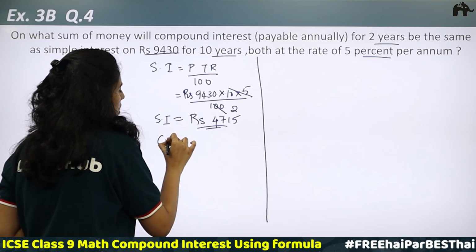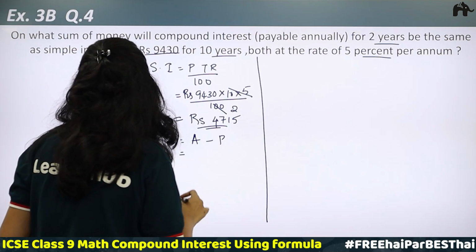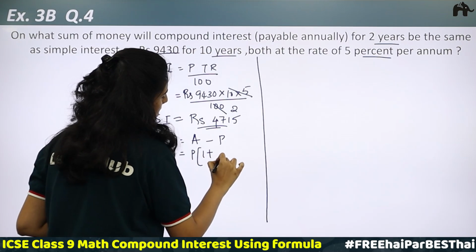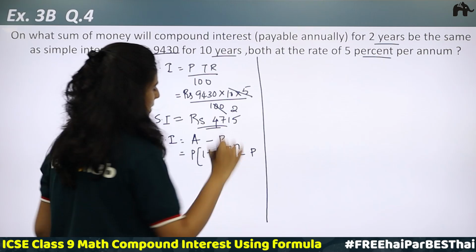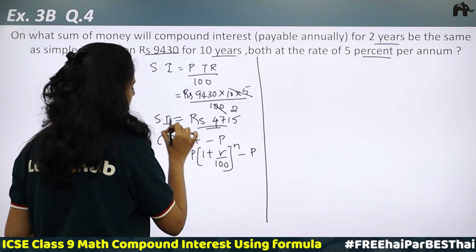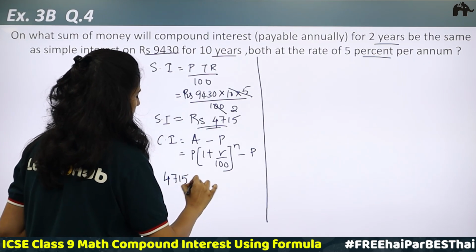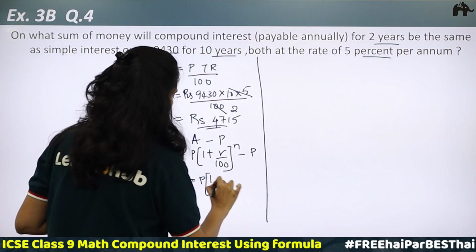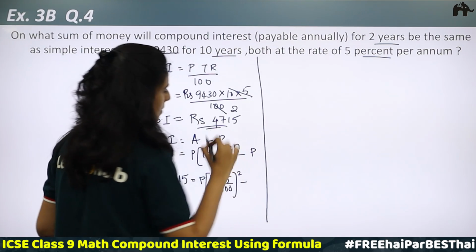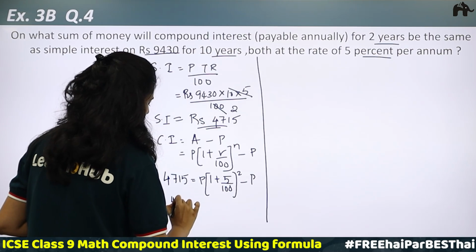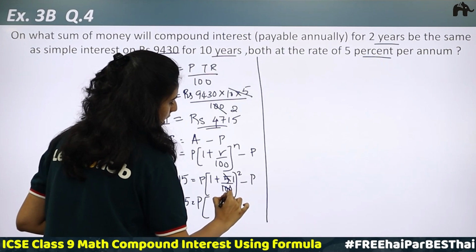Okay, we know compound interest is equal to amount minus principal, which is equal to P into 1 plus R by 100 whole raised to N minus P. This compound interest is same as the simple interest, therefore 4,750 is equal to P into 1 plus 5, rate is 5% by 100 whole square minus P. 4,750 is equal to P is common, 5 by 100 is 1 by 20.